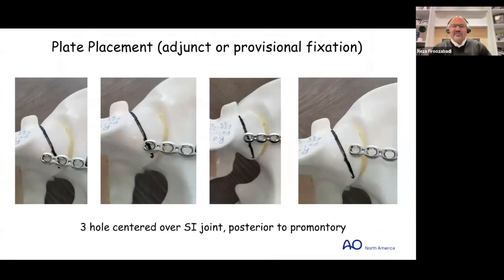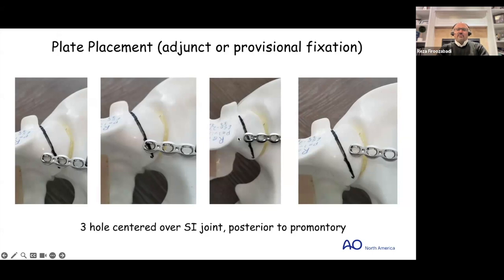Now, what about plate position? A lot of times we're fixing these with screws, but sometimes you can't get a screw in, or sometimes you want something to hold it before you put your plate in because your clamp's not quite doing the job. It's common for you to want to use a 3-hole or a 4-hole recon plate. You can see based on the position of the L5 nerve root, you can't really have 2 screws medial to the SI joint.